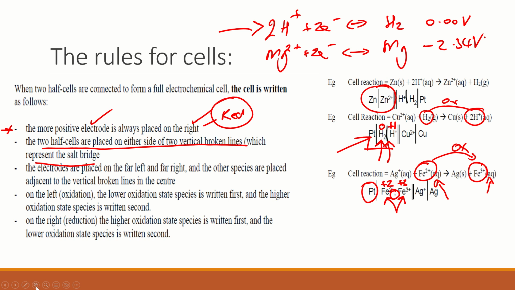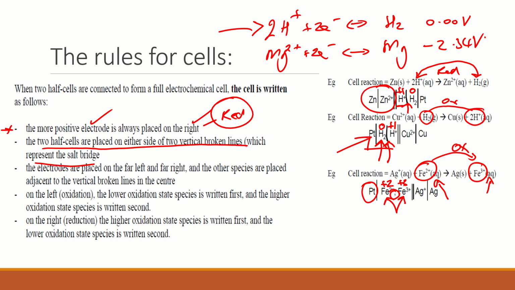On the right hand side, the higher oxidation state species is written first. If I go back up to the top equation, we can see that the right hand side is reduction. This time the hydrogen ions are getting reduced. And here my higher oxidation state species is written before my lower. They are in different phases, gas and aqueous, so we have our solid line.